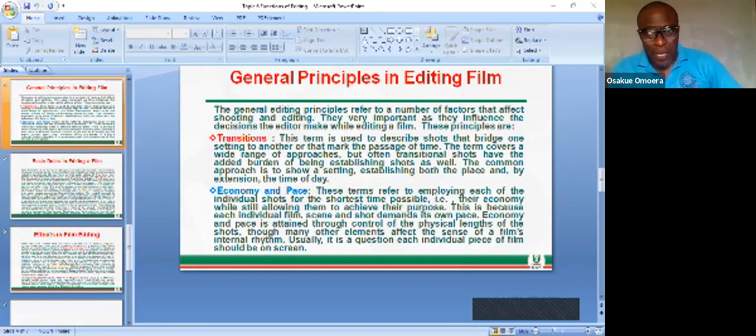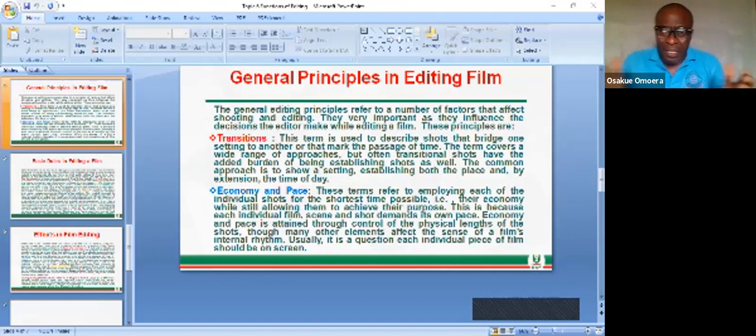Economy and pace is attained through control of the physical length of shots, though many other elements affect the sense of the film's internal rhythm. Usually it is a question of how long each individual piece of film should be on screen. The point we are trying to make is that you need to be conscious that the motion picture medium is all about picture. It's not all about talking.